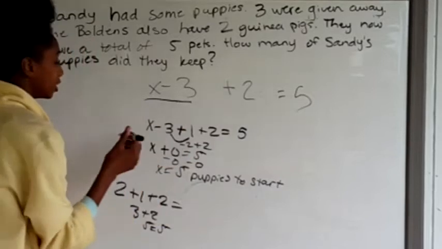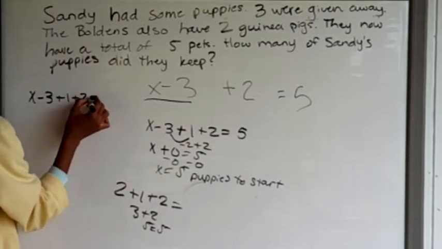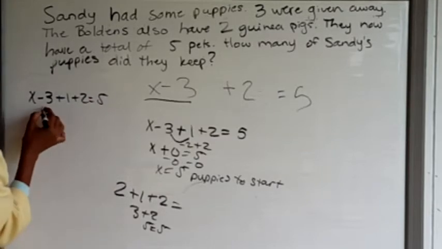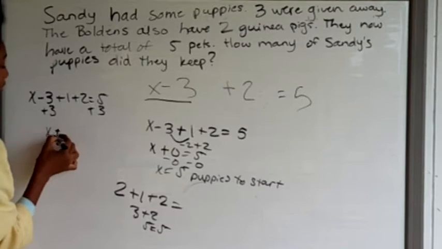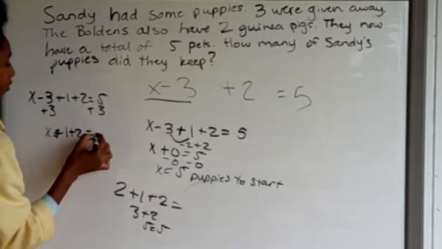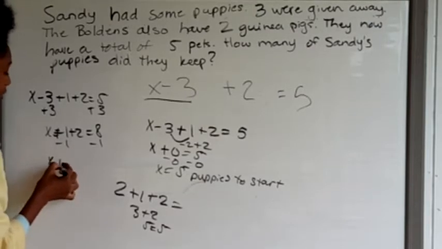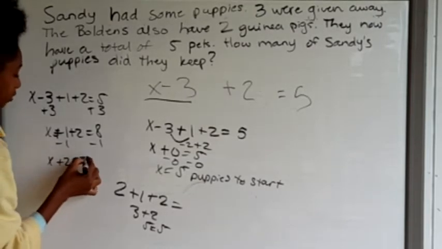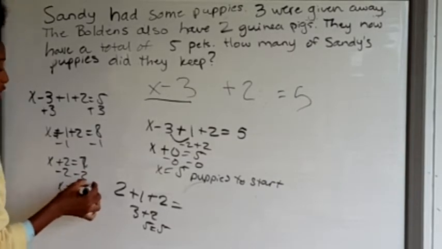All right, let's see if we would have done this the long way, if it still would have worked out. Plus 3. Minus 1. Minus 2. So it still would have worked out.